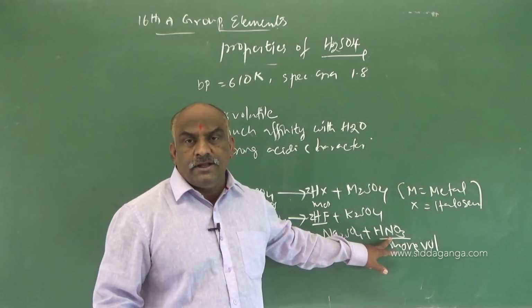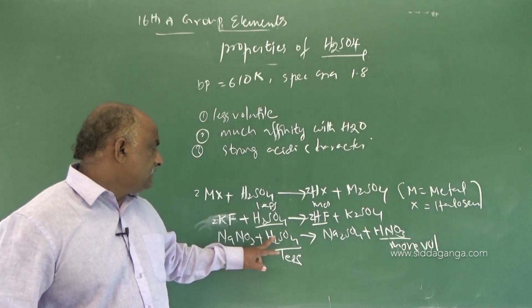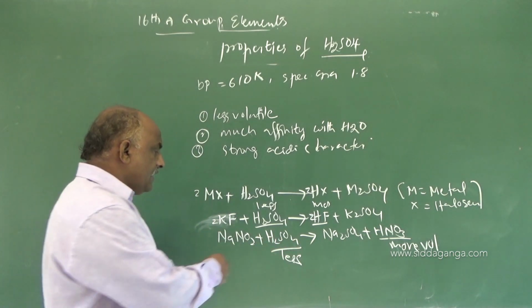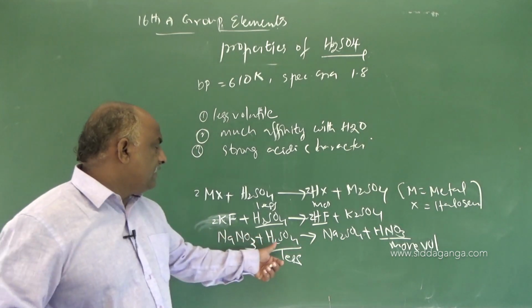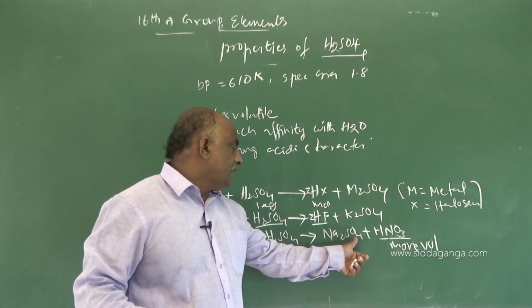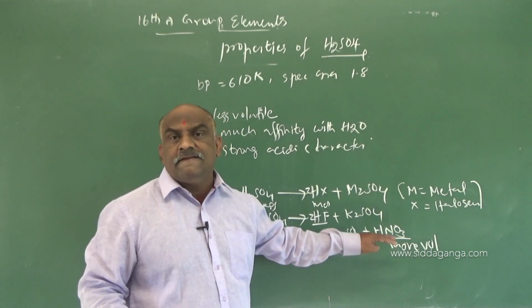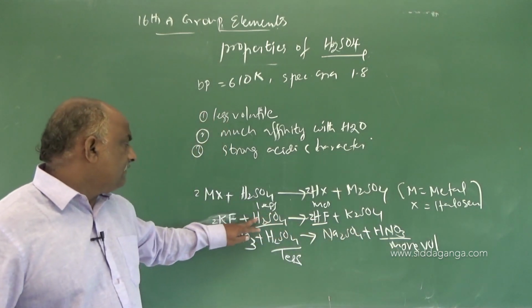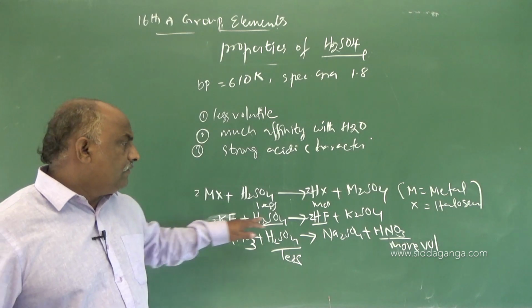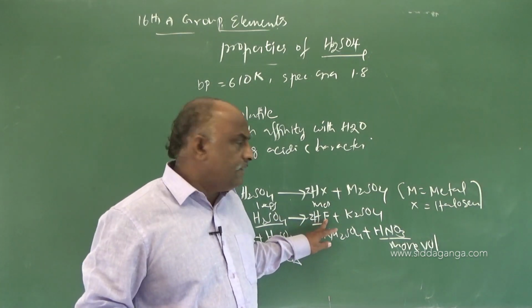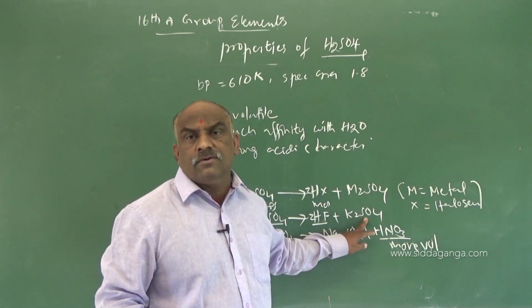Preparation of HNO3: when sulfuric acid is treated with NaNO3, we get Na2SO4 plus HNO3. Nitric acid is more volatile. When sulfuric acid is treated with potassium fluoride, we get hydrogen fluoride and K2SO4.